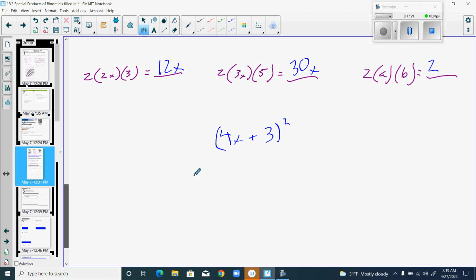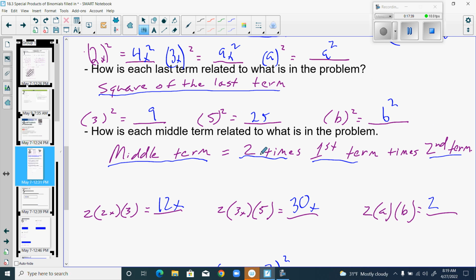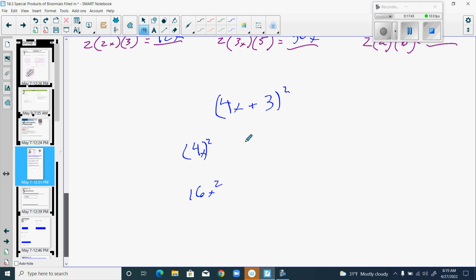Then my middle term is 2 times the first term times the second term. So I take 2 times 4x times 3. 2 times 4x is 8x, 8x times 3 is 24x. And that's my middle term.